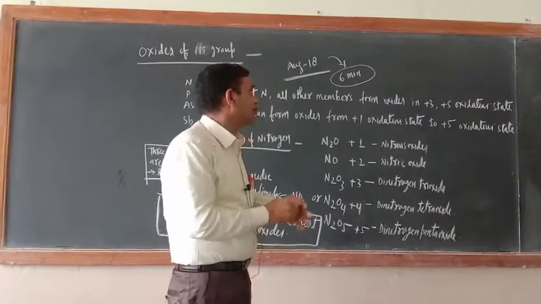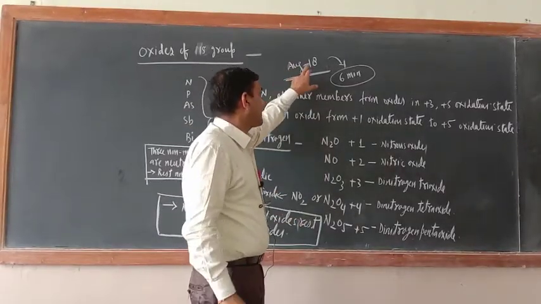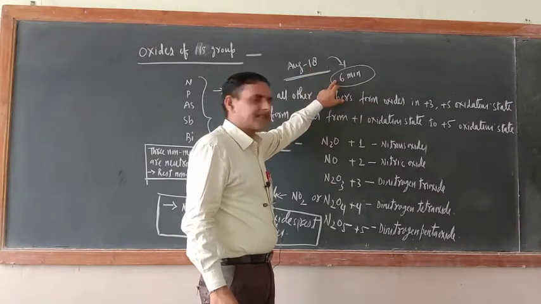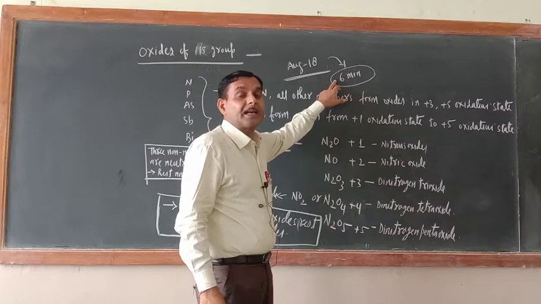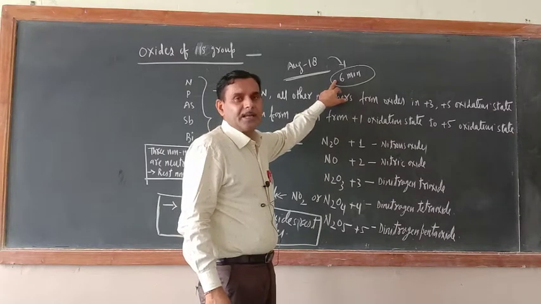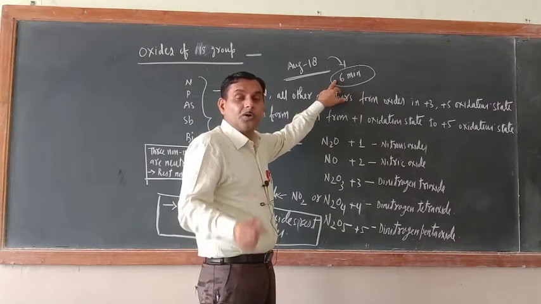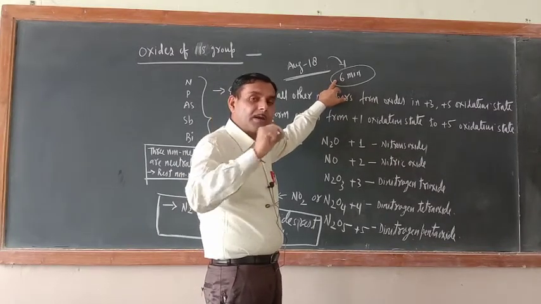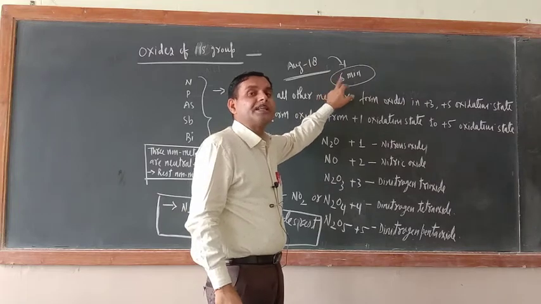Once again I am telling you, in the video of 18th August, chemistry video, exactly at 6 minutes, while explaining the electronegativity, down the group electronegativity decreases due to increase in size and increase in screening effect. So I was uttering the same word, due to increase in atomic size, but while writing I wrote decrease in atomic size.